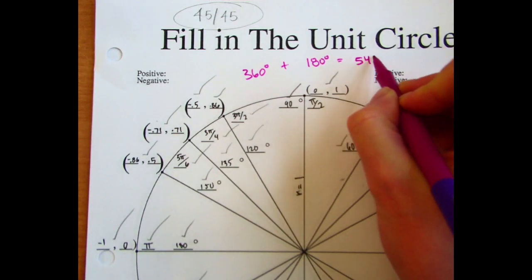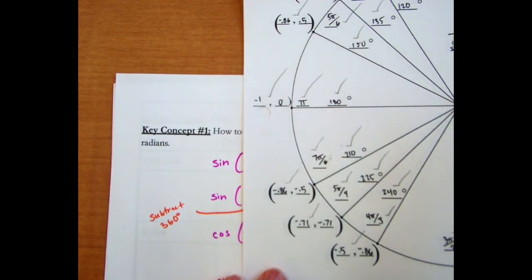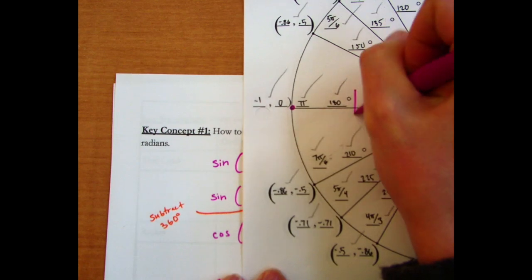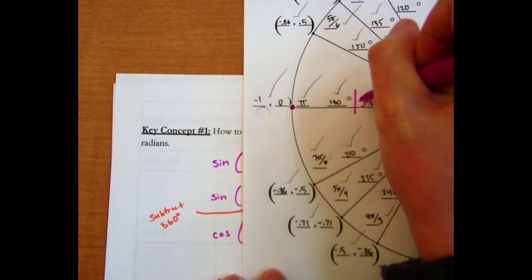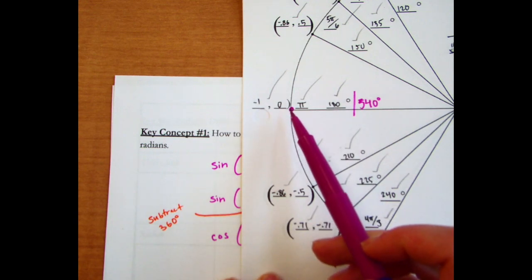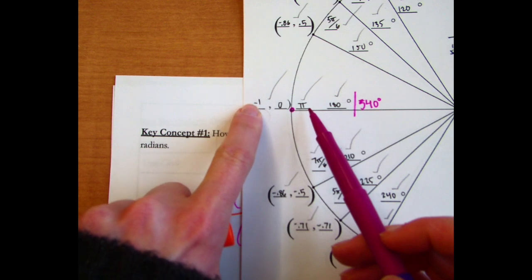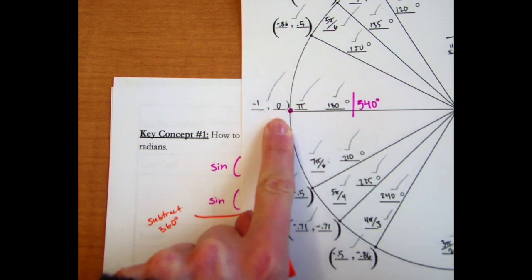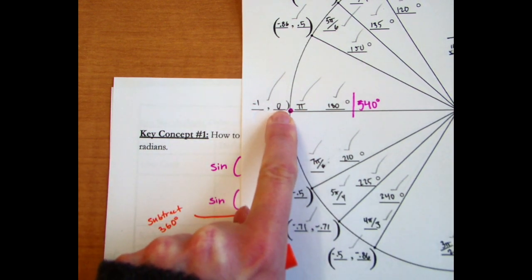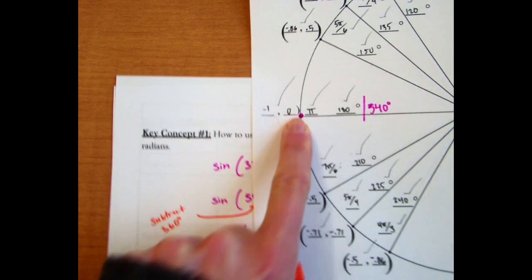So 540 degrees falls in the same exact place as 180. It's just 360 degrees away, so it falls in the same place on the unit circle. The radian measure is pi. The cosine is -1 and the sine is 0, and I was looking for the sine in this problem. So the sine of 540 degrees is equal to 0, the same thing as the sine of 180.